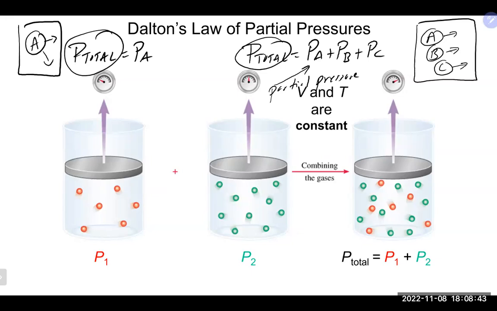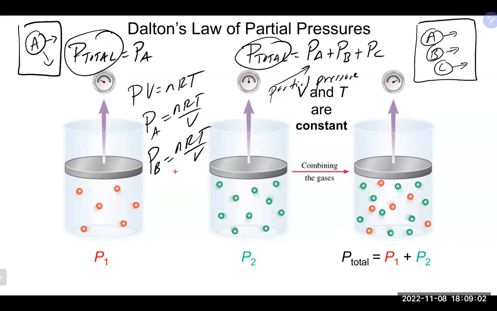So we could do 3 separate problems to figure out the pressure of each of these gases. We would use the ideal gas law in each case, the most common way, solving for P for each of the gases. That would give you the partial pressures of each of those gases. And then you simply would add them all together to get the total pressure.